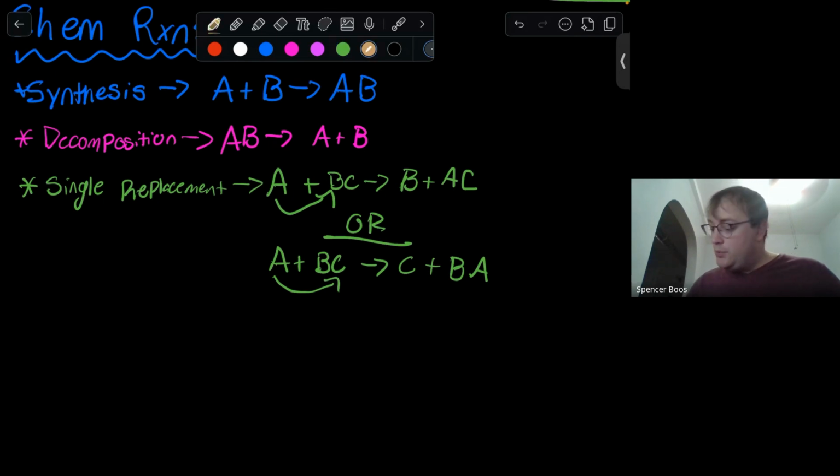We've got double replacement. So if single replacement means 1 thing getting kicked out, what do you recommend double replacement would be? If you said 2 things being kicked out, you'd be absolutely correct.